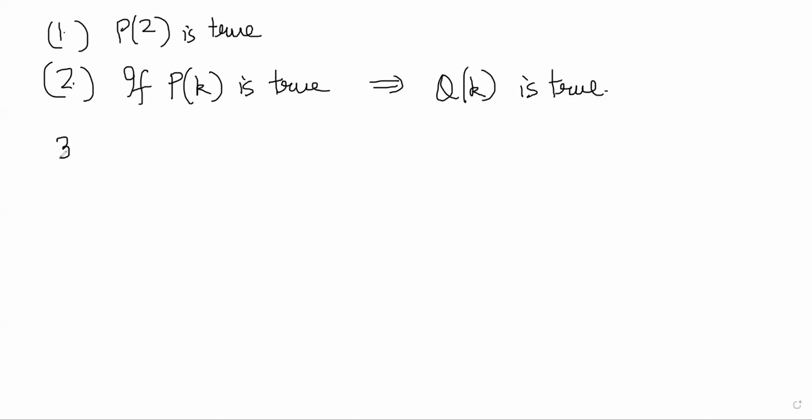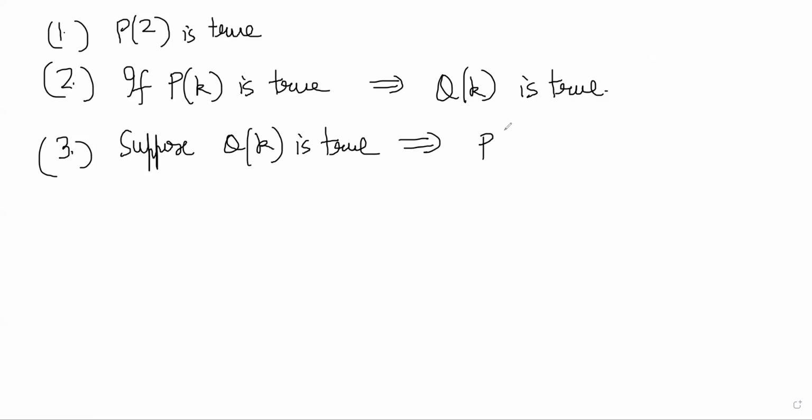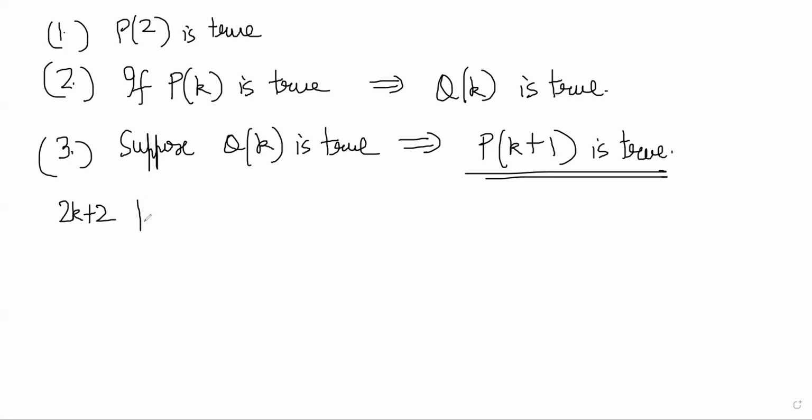Now, what we will assume is, suppose Q of k is true, we want to prove that P of k plus 1 is true, right? So for P of k plus 1's truth, we have to take 2k plus 2 points. And let's say there are k plus 1 whole square plus 1 lines, right?